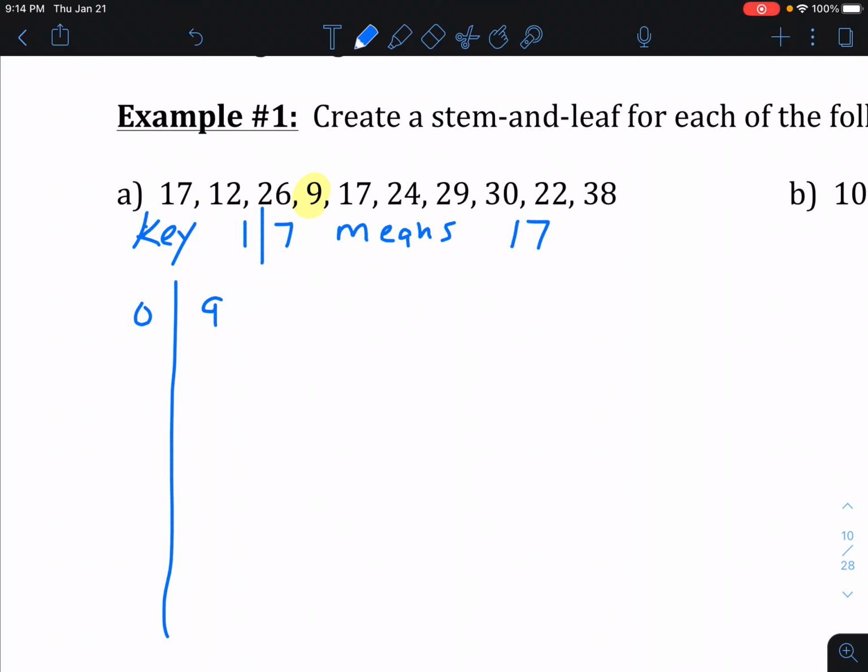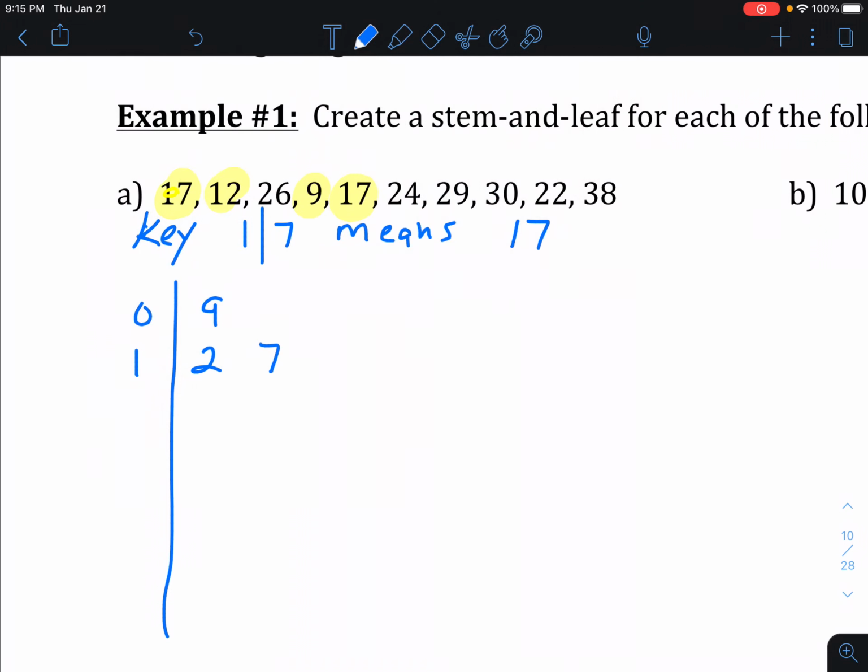The next number here is the next lowest. We go to the teens, 12. So 1 and 2 for 12. Next up is 17, and 17 appears 2 times.